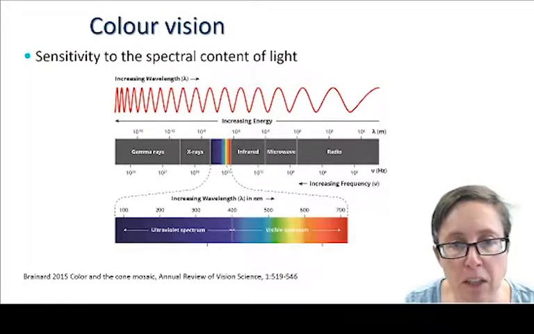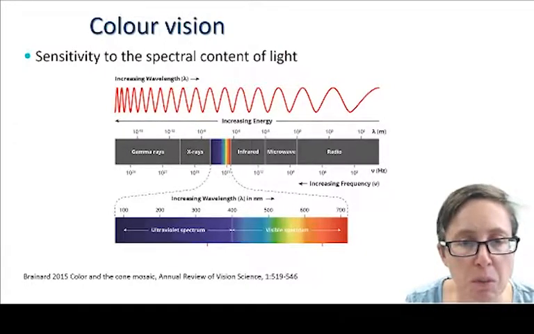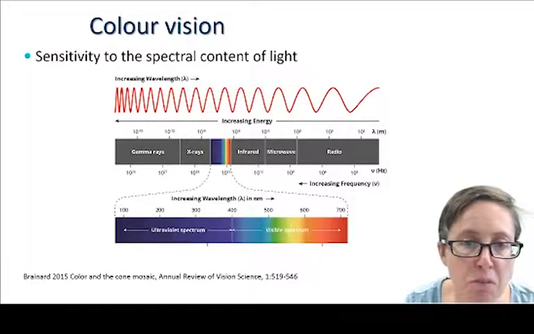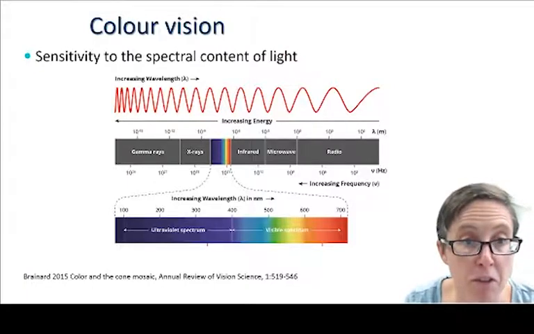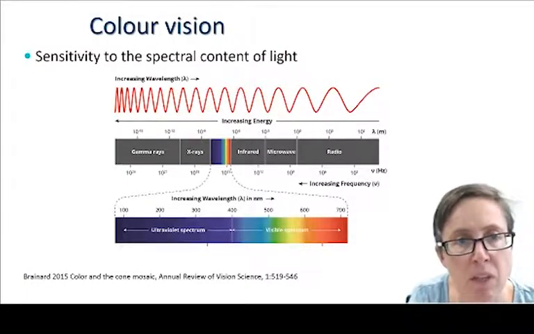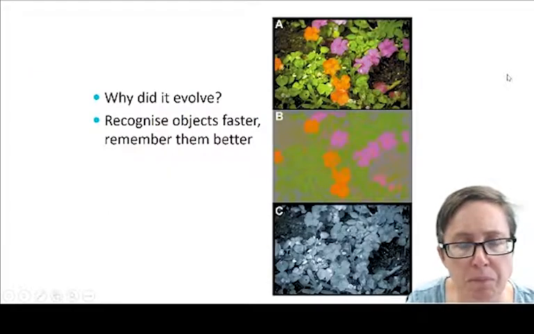So roughly speaking, things that we perceive as blue have got shorter wavelengths, and things that we perceive as red have got longer wavelengths. So our colour vision is really this sensitivity to the distribution of energy at different wavelengths or frequencies in the light entering our eyes. So how do we achieve this sensitivity to spectral content?